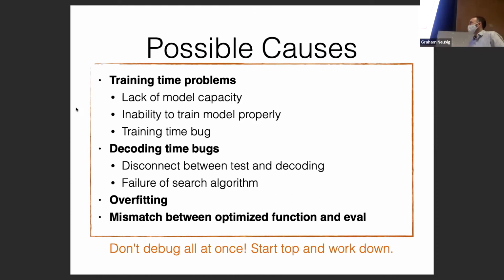So basically my suggestion here is if you have a difficult to identify bug, you don't want to be looking at your test time evaluation score and then trying to figure out what's going wrong every time. Because if you do this, it could be any of these many problems and you don't know which one it is. So the idea is you start at the top and work your way down and do controlled tests to figure out whether each of these is actually an issue.